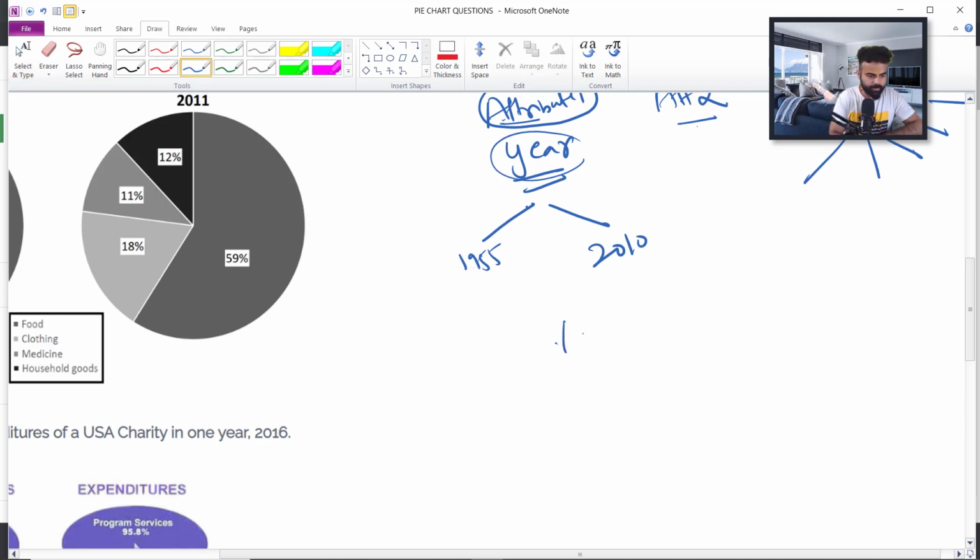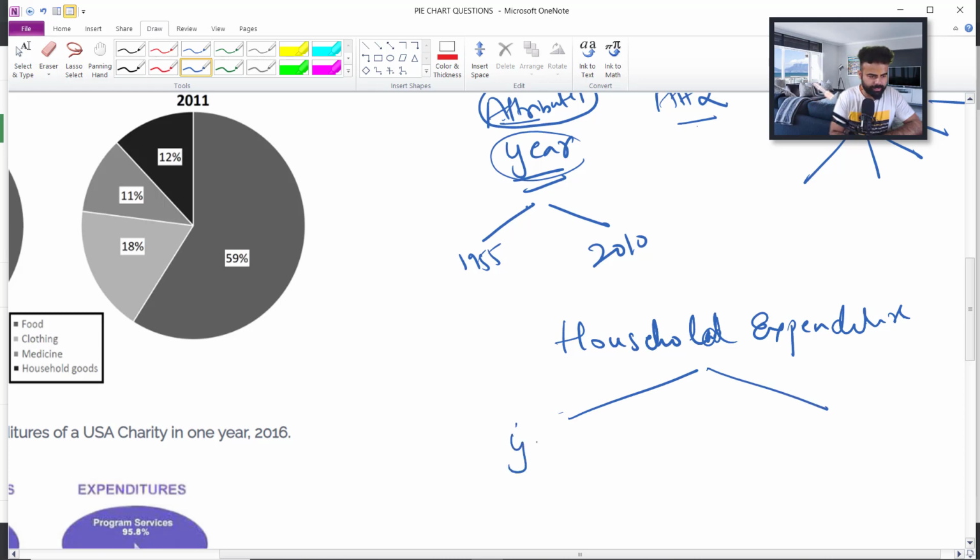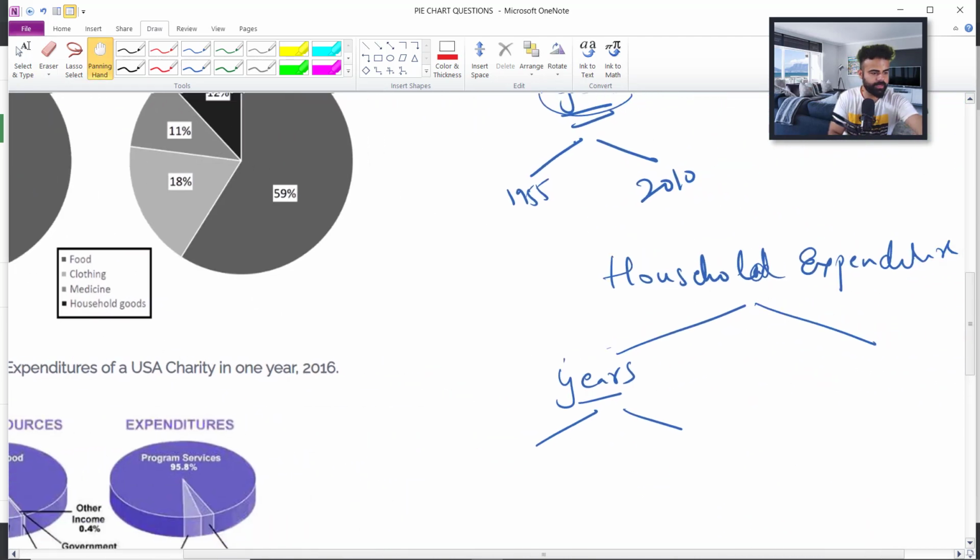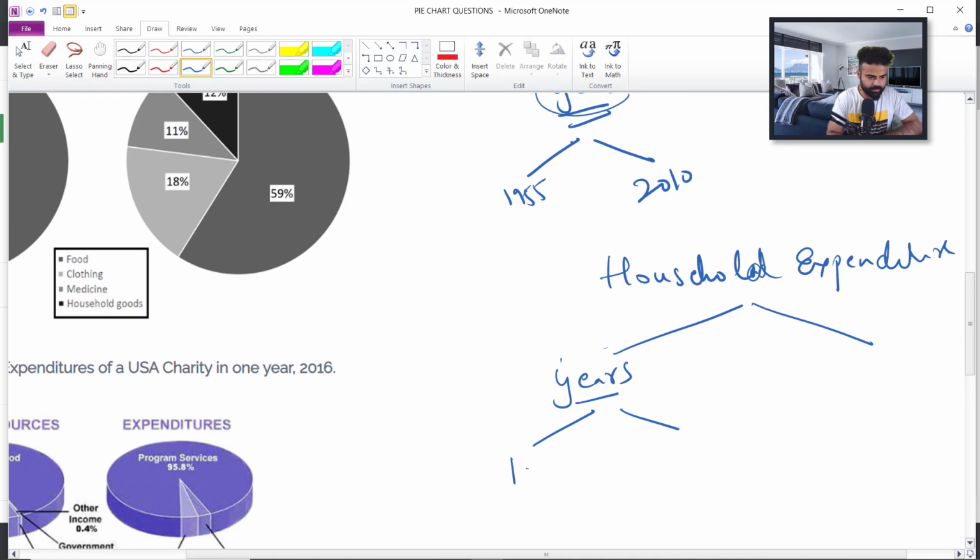So you'll write here household expenditure, and then you have got only one attribute, that is years, and you will write here what 2 years there are, 1995 and 2011.